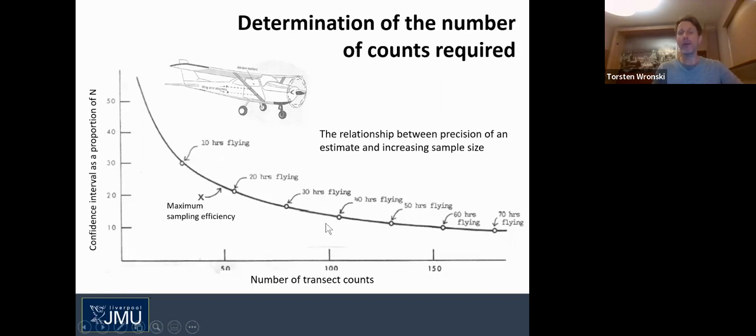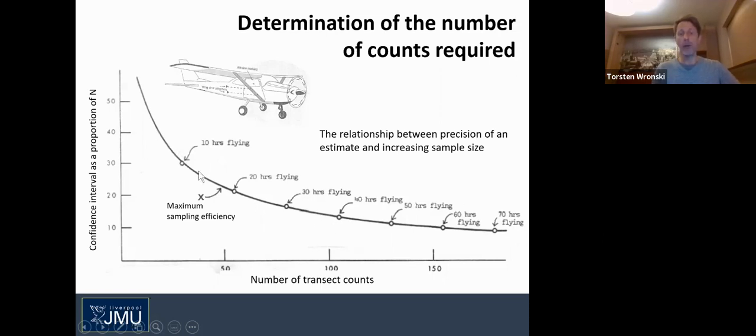So now from that, we want to establish a threshold, a maximum sampling efficiency at which we can stop sampling, stop counting. And you see here in the lower part of the curve, the change in the confidence interval is almost negligible. It is almost not existing.